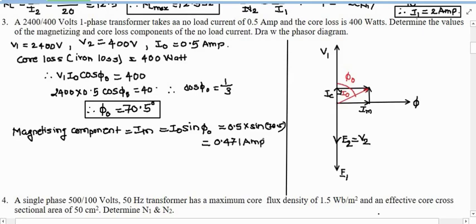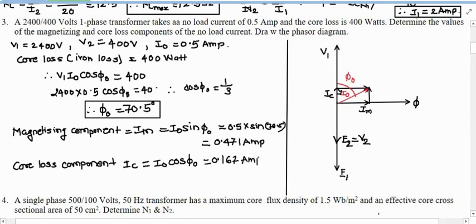Right? Then second, we have to find out the core loss component of the current. So I will write down here core loss component IC equals I0 cos of phi 0, which you will get as 0.167 ampere.